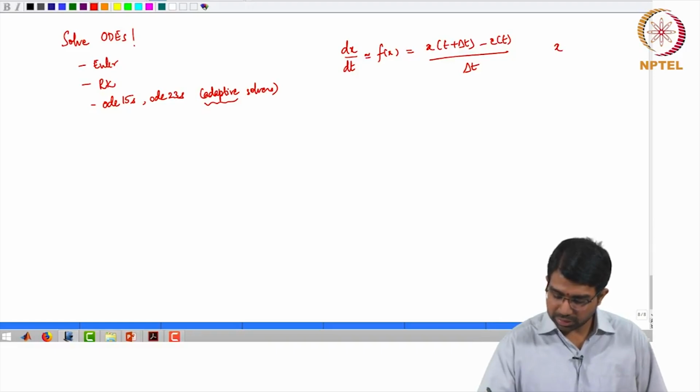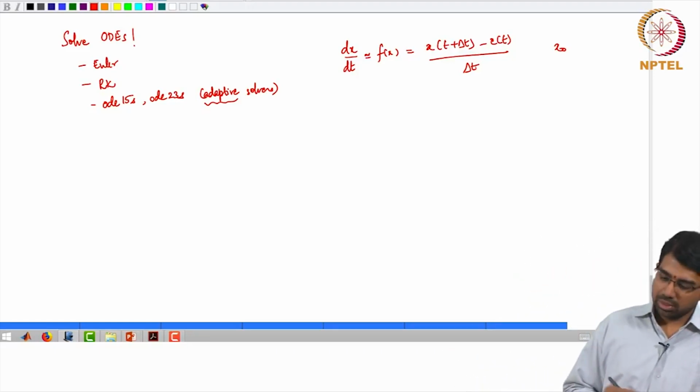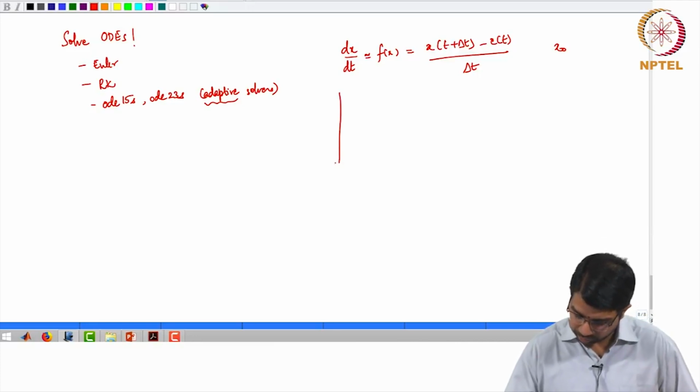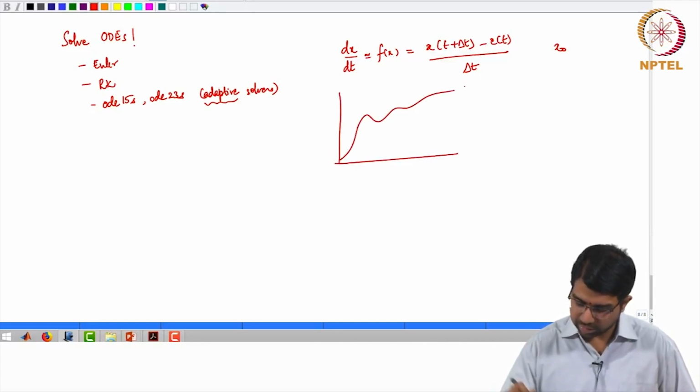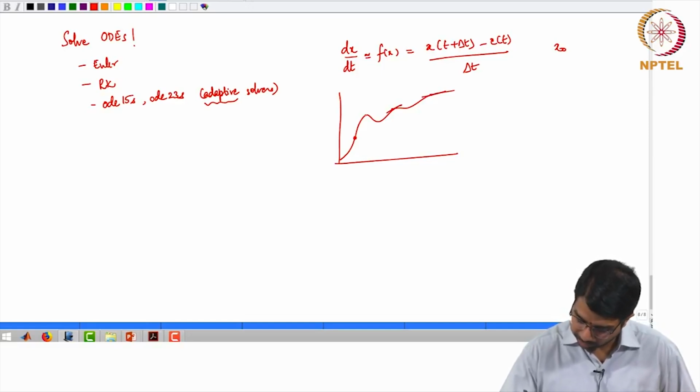You use this and the x naught value to predict x at different places. So, you essentially have to reconstruct the curve based on the slopes known at different points.